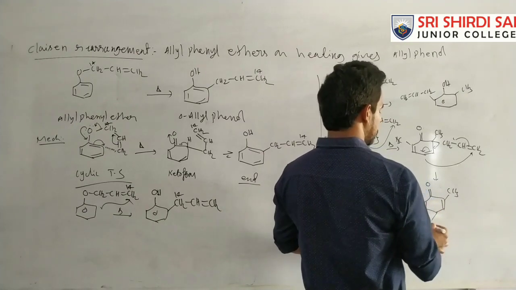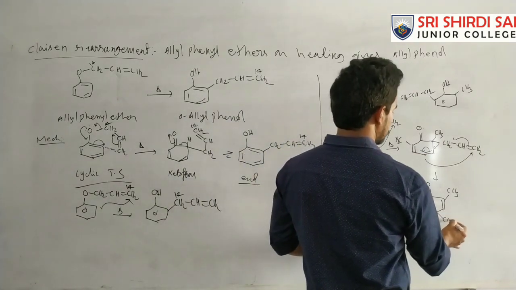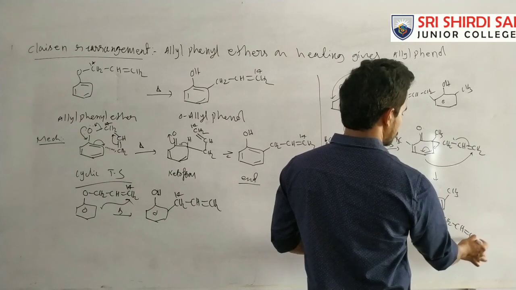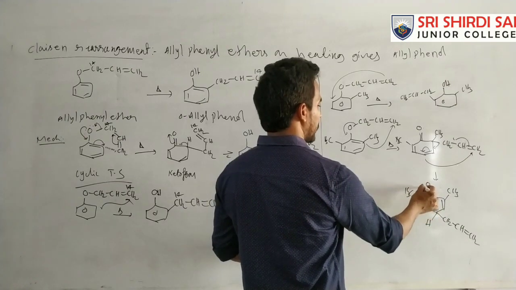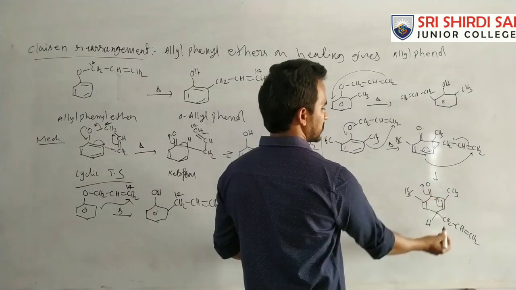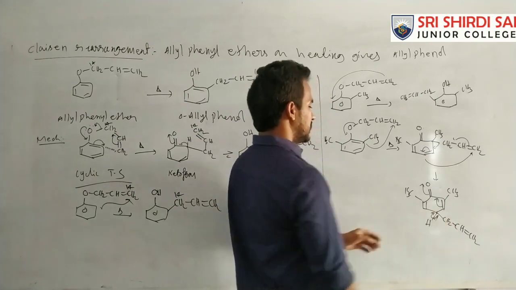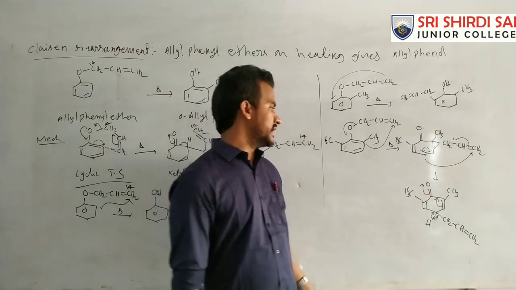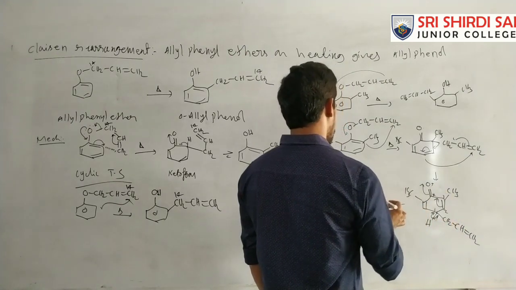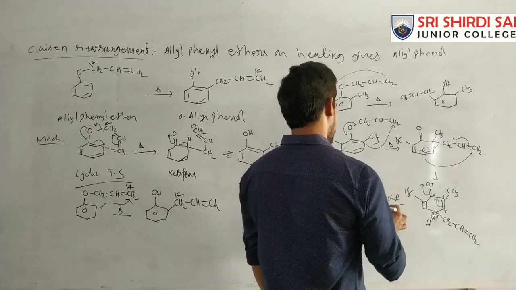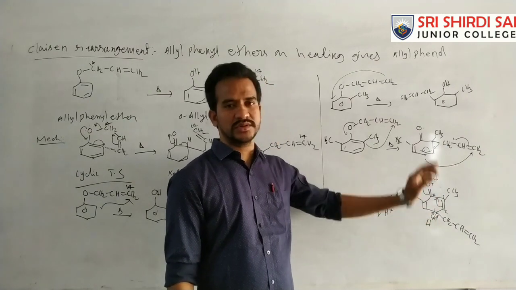Pi bond. Here at the para position there is a hydrogen. Next this CH2, CH double bond CH2. Now by transfer of pi electrons, this carbon carries a positive charge, and by breaking of the C-H bond, this H plus is transferred to the oxygen, from this carbon to this oxygen.